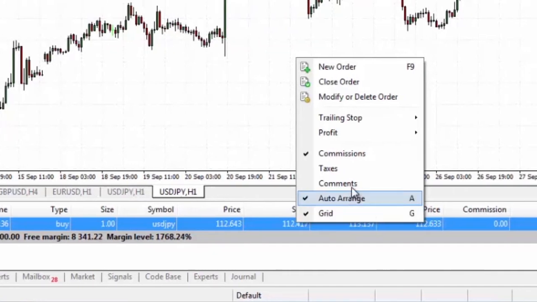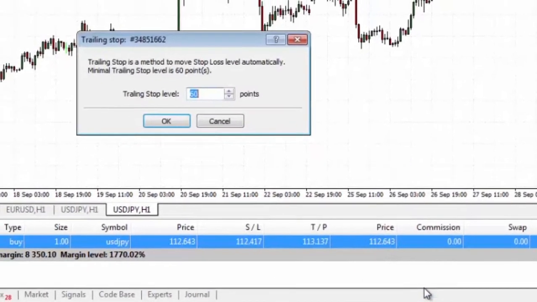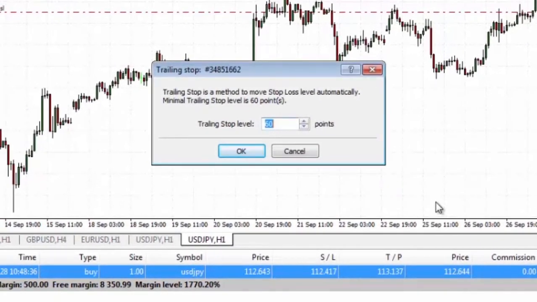The trailing order will appear. You can choose a trailing order from a minimum of 60 points and above. If you want to choose a trailing order higher than shown, you can click on Custom to enter.